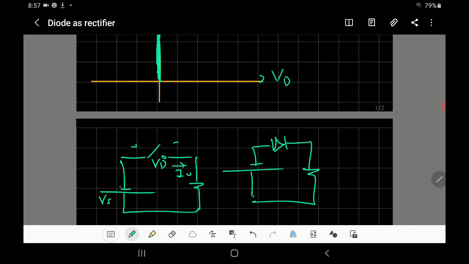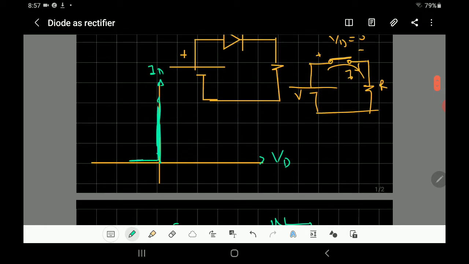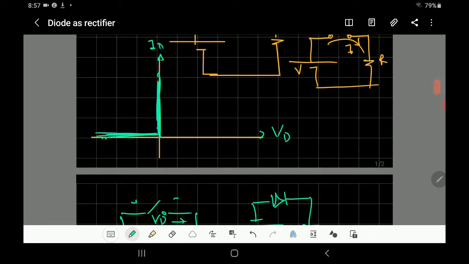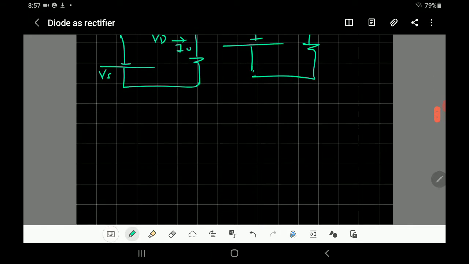If it's 1 volt, it's 1 volt, 2 volt, 3 volt, but in the reverse direction. So you'll find that it's going in this direction, but the current is 0. That's the simple modeling for the diode. We call it the ideal diode model.